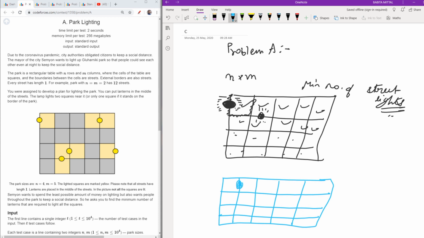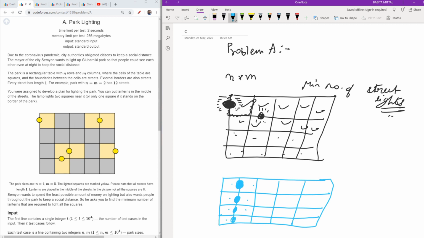If I place one lamp here, then it will light this and this. So one lamp can light these two cells. If I place one here, it will light this cell, this and this. If I place another here, it will light this and this. If I place another here, it will light this and this.